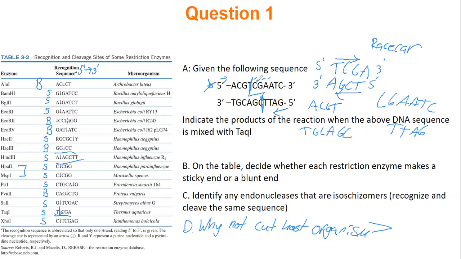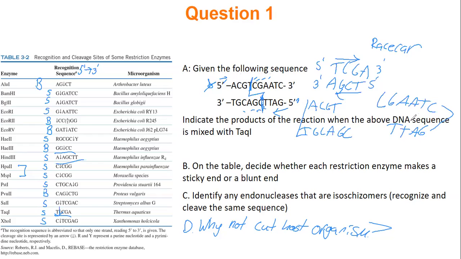I'm cutting between the T and the C. Then on the other strand down here, I'm also looking 5' to 3' for TCGA. So TCGA, cut between the T and the C. And the fragments that I wrote over here are just what would come off when you make those two cuts.